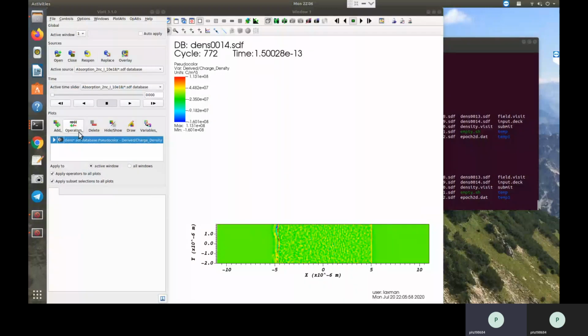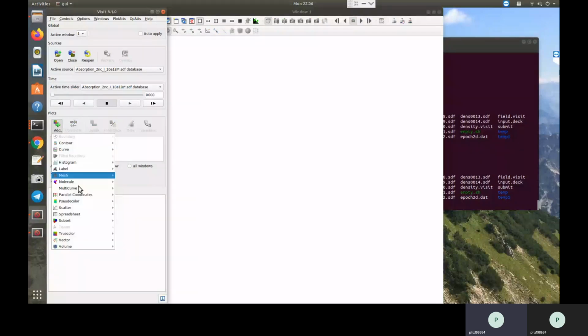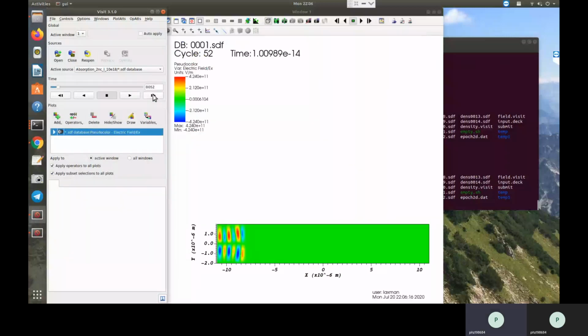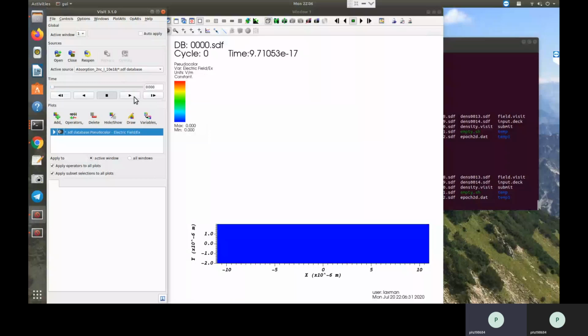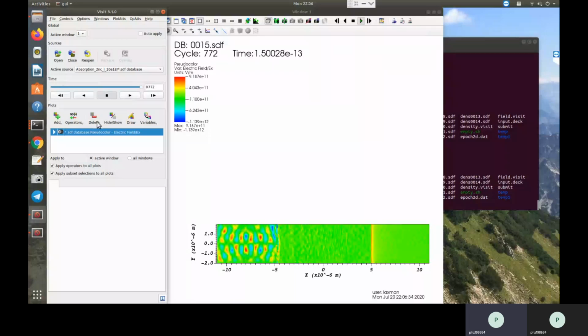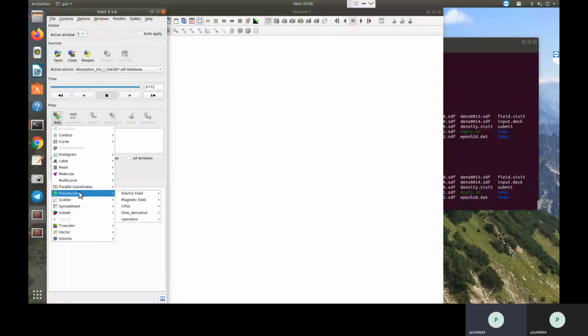Let's first plot the electric field along the x direction. Now the electric field along the y direction.